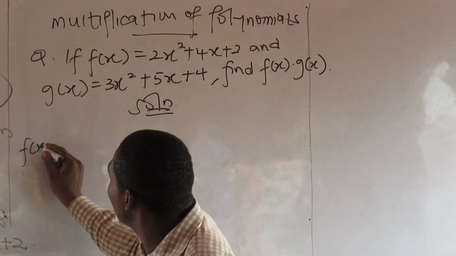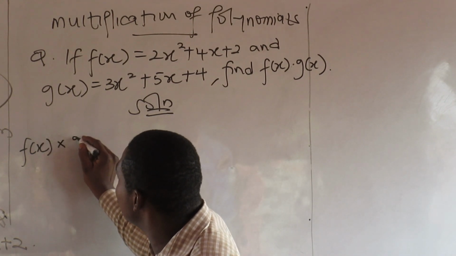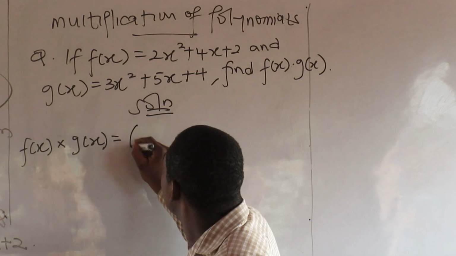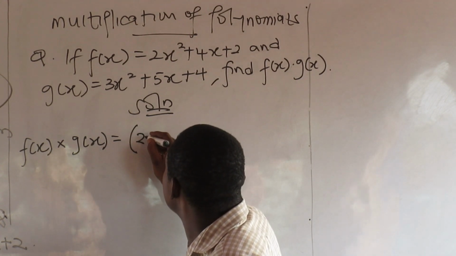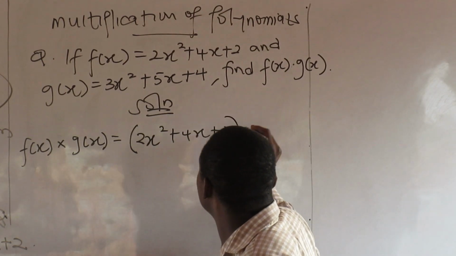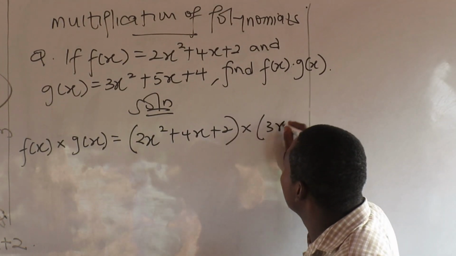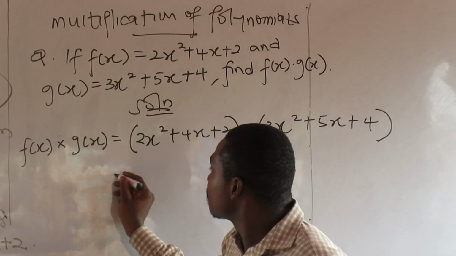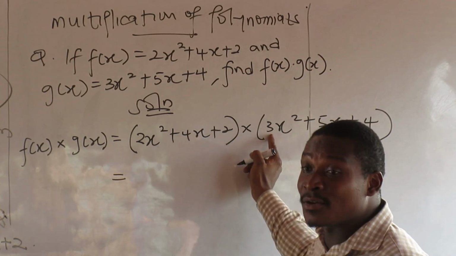So I have f of x dot g of x, which is the same as f of x times g of x, okay? Now we have 2x first. So let's go. 2x squared plus 4x plus 2 times 3x squared plus 5x plus 4.